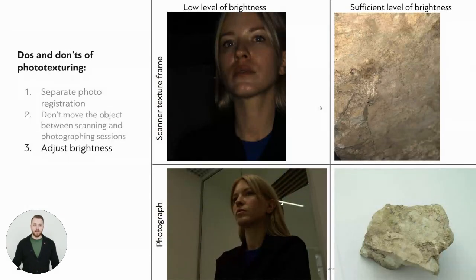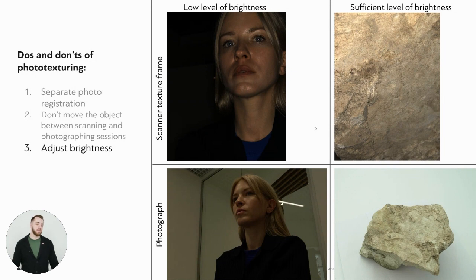Okay, that's it. The next thing is, please adjust the brightness of your scanner before scanning, and also play with the exposure settings of your camera to make sure that both texture frames of your scans and your photographs are of the adequate level of brightness. Our algorithm is kind of discriminative in this way, and it loves nice bright pictures.